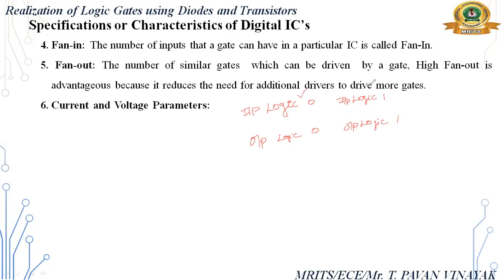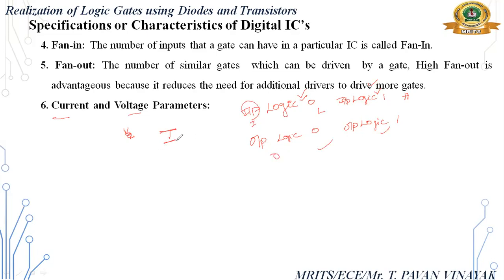So based on these four logics, we have current and voltage parameters. Current is denoted with I, logic 0 is denoted with L, logic 1 is denoted with H, input is denoted with small I, and output is denoted with O.